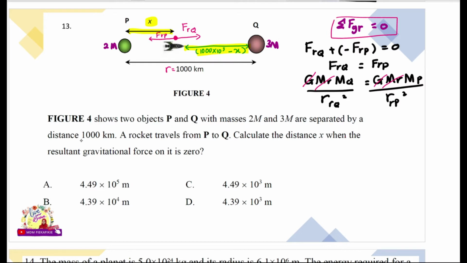So here we have M_Q, and it is given 3m. And the distance between the rocket and Q is 1000 kilometer minus X squared, is equal to mass of P, which is 2m, over the distance between the rocket and mass P, which is X squared. So here I will cancel m.